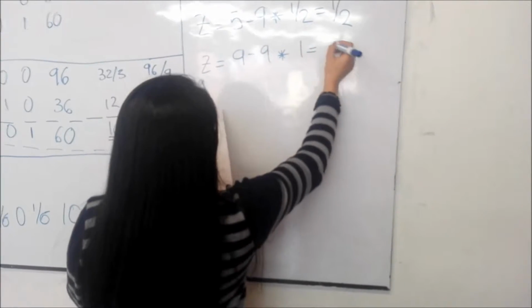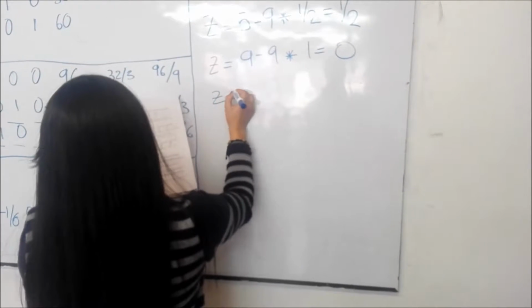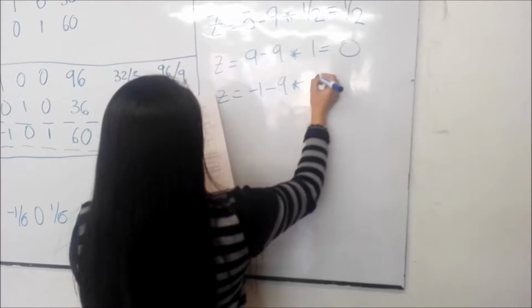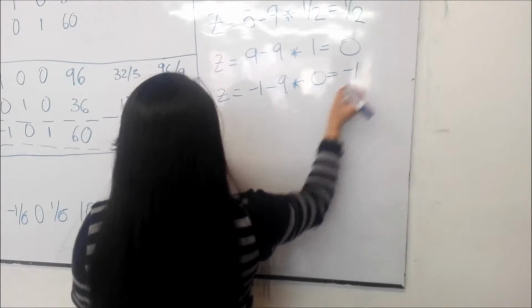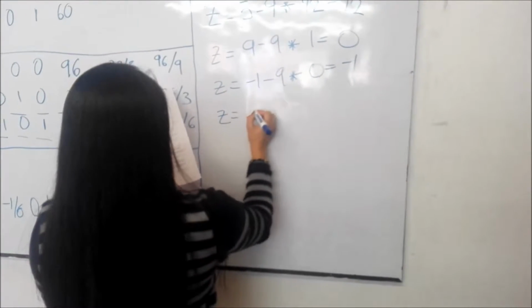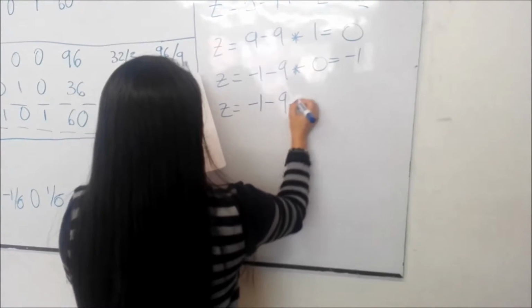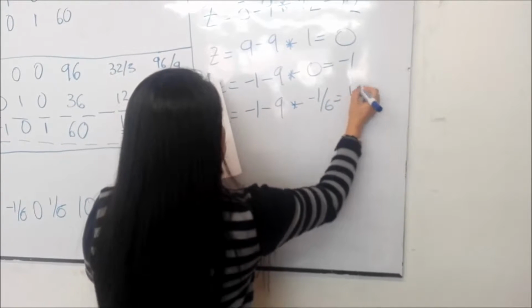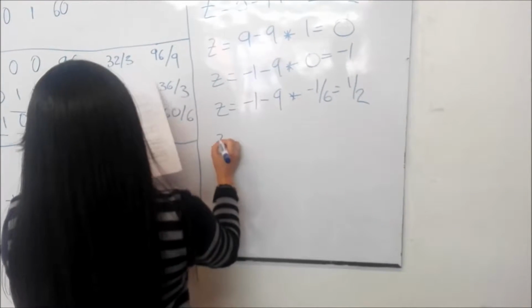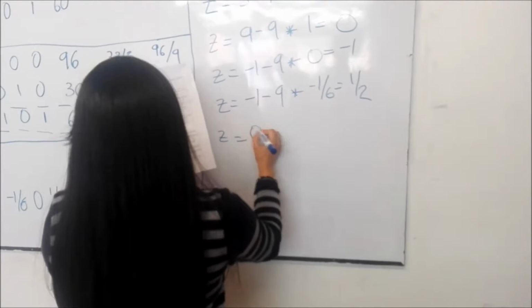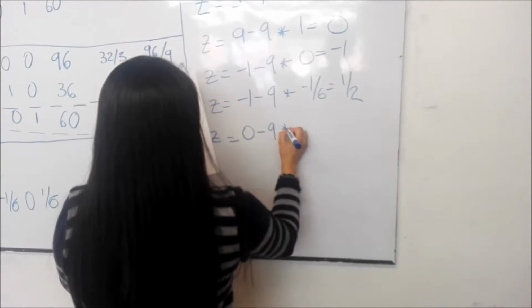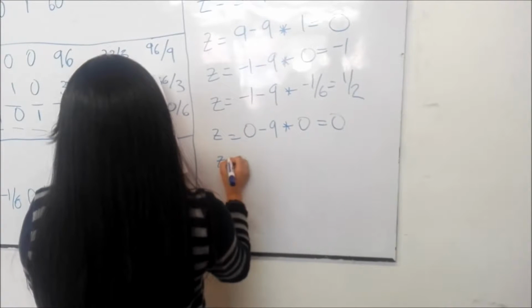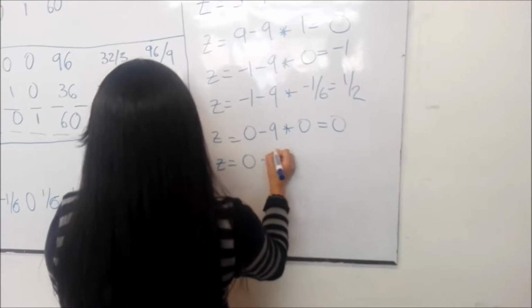C equals minus 1 minus 9 multiplied by minus 1 over 6 equals 1 over 2. C equals 0 minus 9 multiplied by 0 equals 0. C equals 0 minus 9 multiplied by 1 over 6 equals 3 over 2. C equals 96 minus 9 multiplied by 10 equals 6.